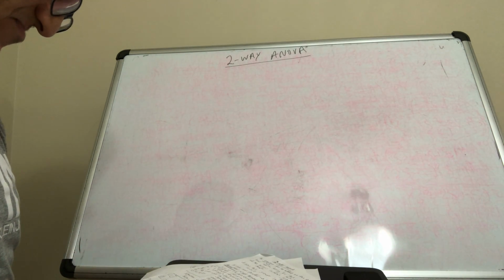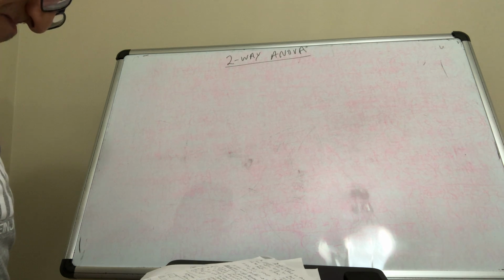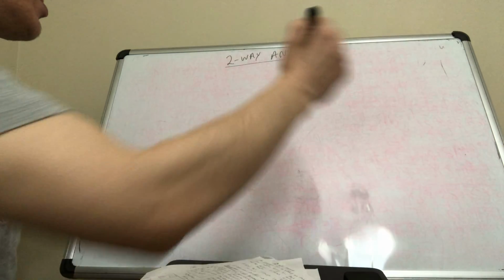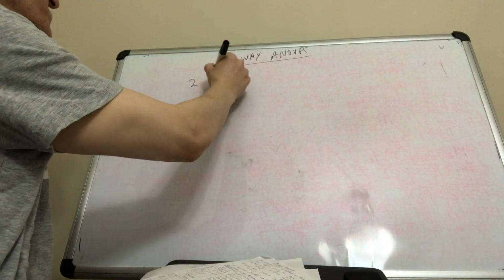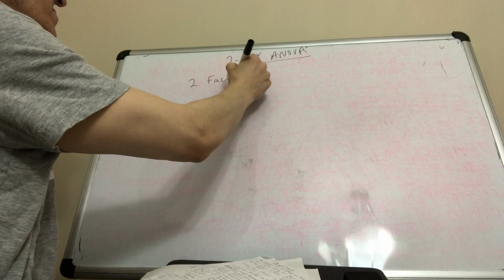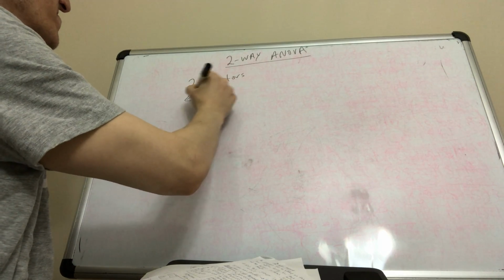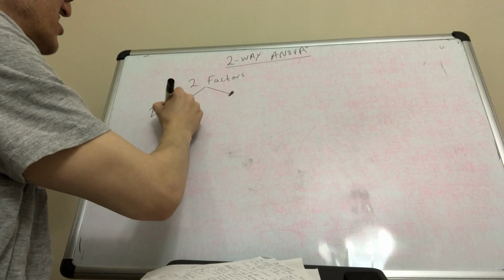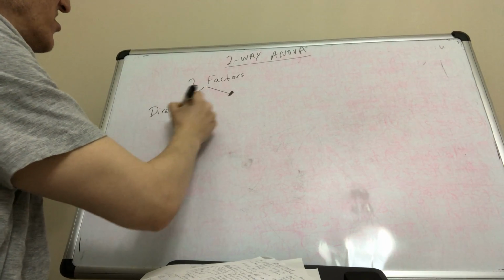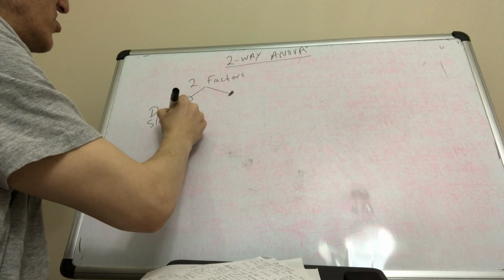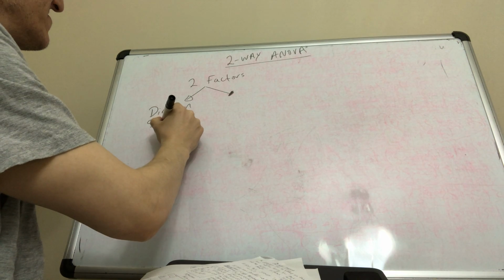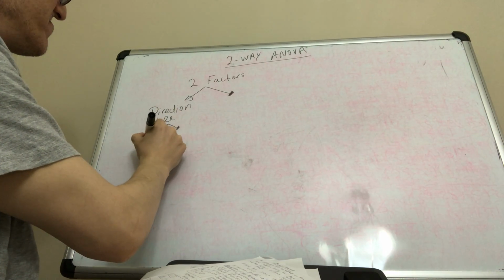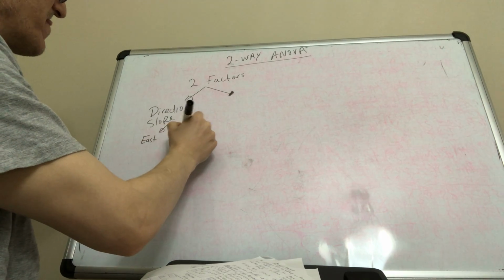Now, in this question, they're going to test two different factors. Direction, also called slope, and there are two levels, east and west.